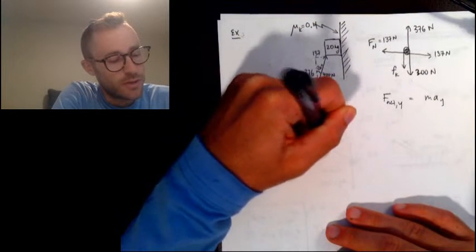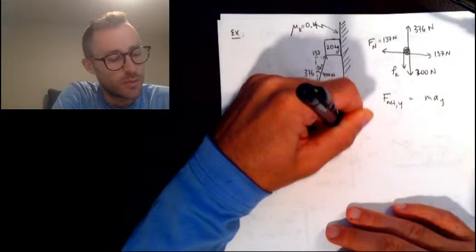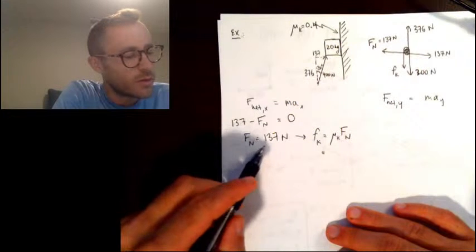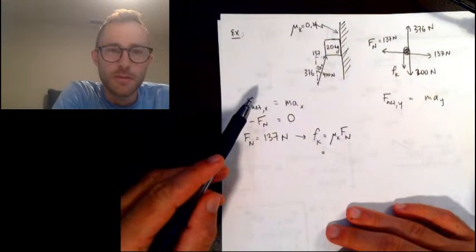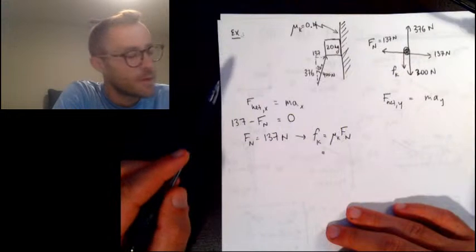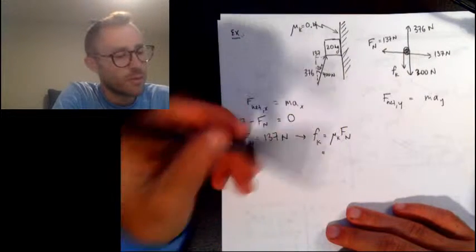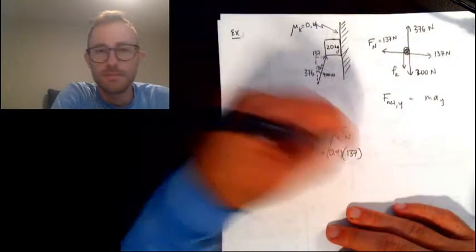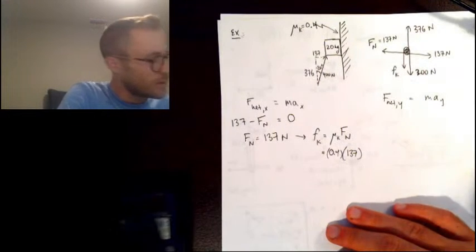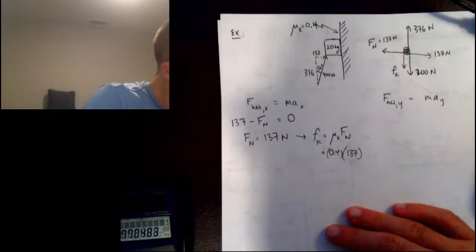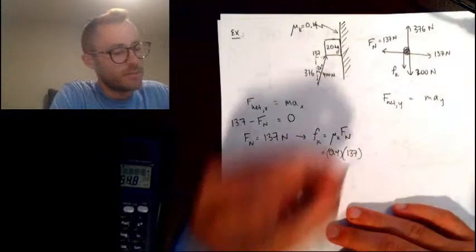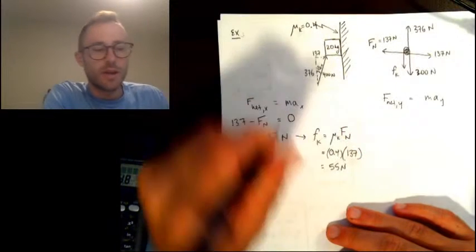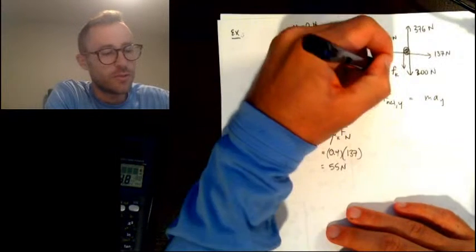Kinetic friction is mu sub k times normal. All right, mu sub k I said is 0.4, so I have 0.4 times 137, like that. 54.8. I'm just going to call it 55 newtons. So that means that friction is 55 newtons.